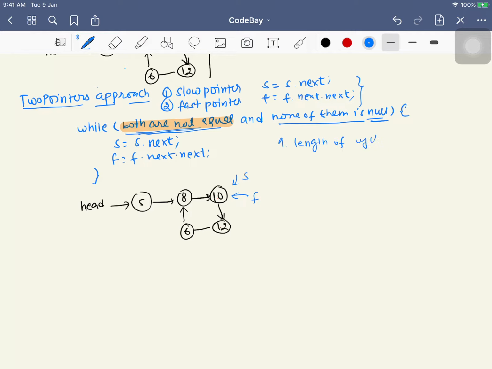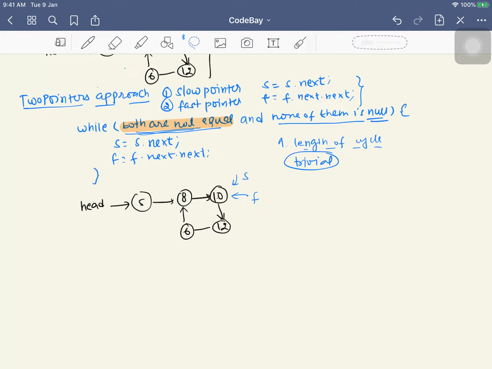Now, how to find the length of the cycle? It's actually very trivial. As slow and fast are both pointing to the same node, we will move one of them at a speed of one node at a time, and when it again points to the other pointer, we count how many nodes were in between, and that gives us the length of our cycle.